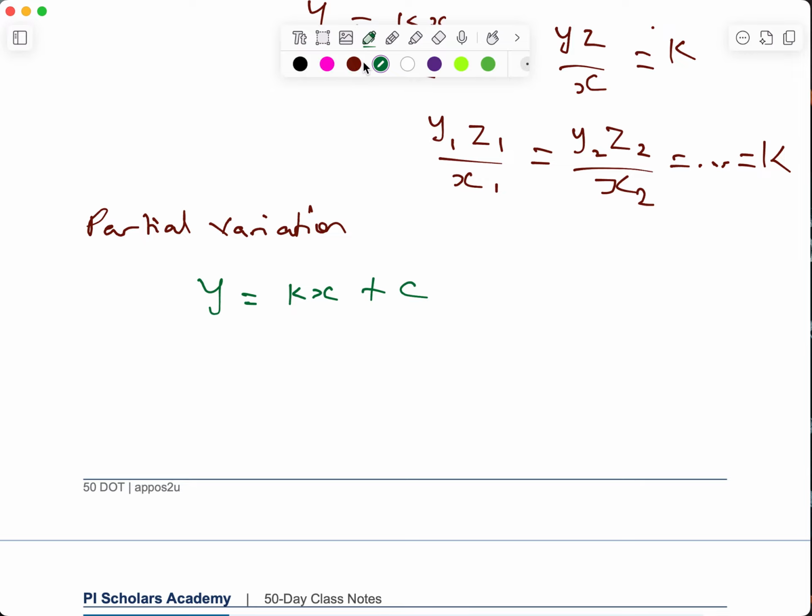What you notice is that k is a constant and c is also a constant, with x being the variable. So the presence of two constants together is where we have partial variation.